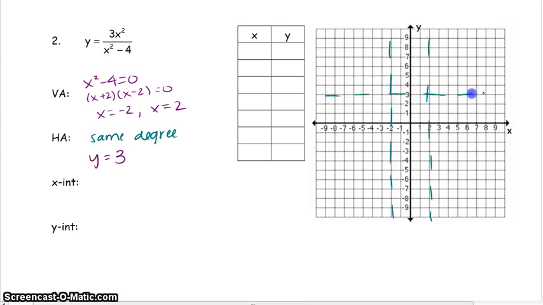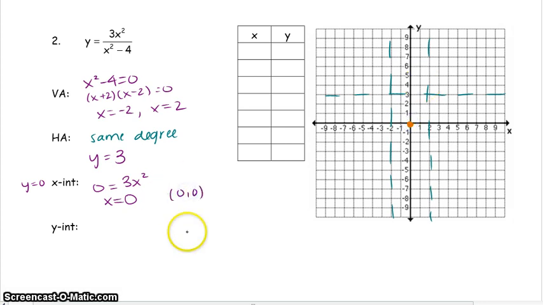y equals 3. And then our x-intercept, we're setting our y equal to 0. So 0 equals, and when we do this, we can set just the numerator equal to 0. So 3x squared equals 0, and when we solve, we get x equaling 0. So we can plot the point 0, 0.